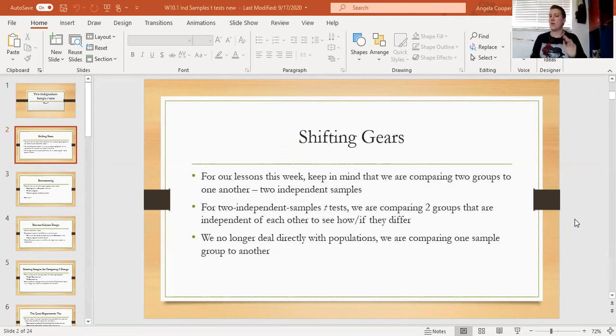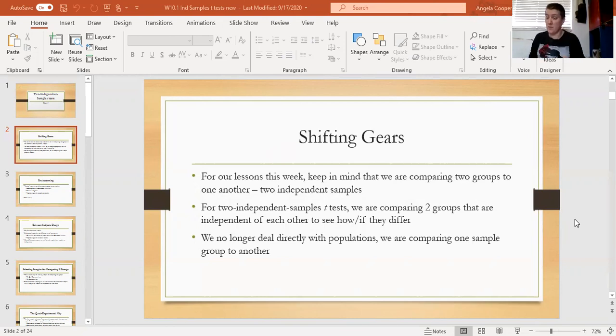I know in our activity recently, we discussed an experiment of providing half of the students study guides and the other half no study guides, where I flipped a coin and you either got a study guide or you didn't. Now, that is an independent samples t-test. And why would that be?